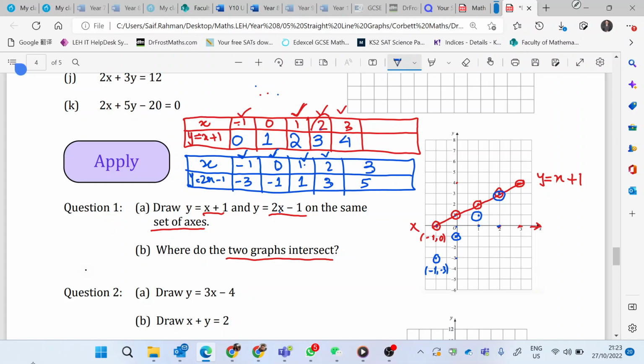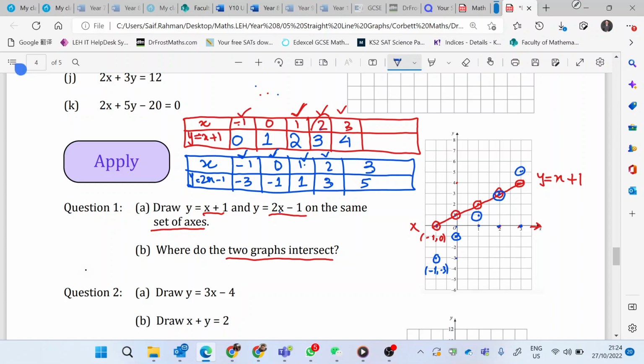So this is the point which has come up in both of the equations. That shows that this is the point where these two lines cross each other. And my last point is 3 and 5. So 3 on the x-axis and I look for the 5. 5 would be here.